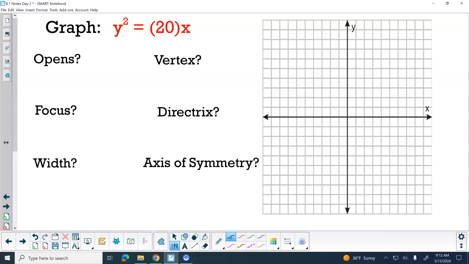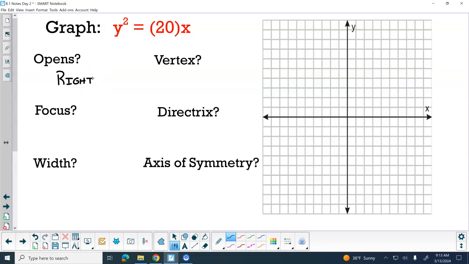It's y squared with a positive 4p value. So that's a right. Do we all agree with that? It opens to the right.